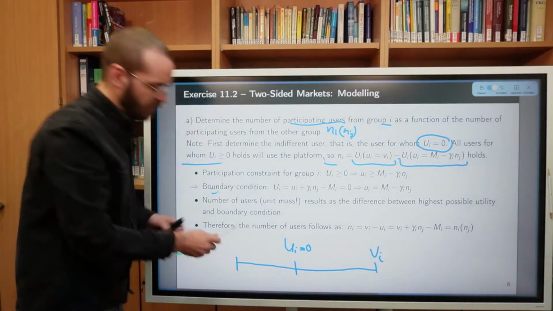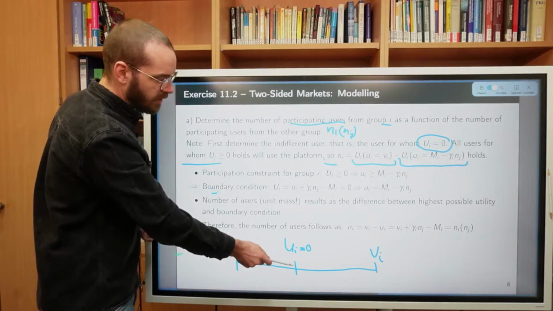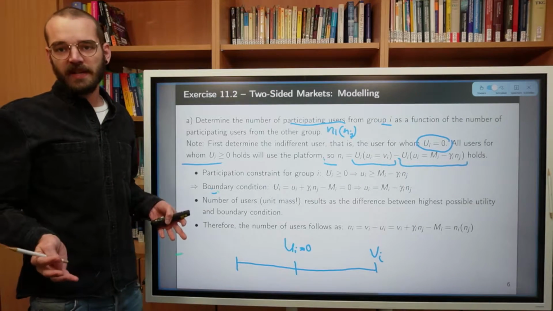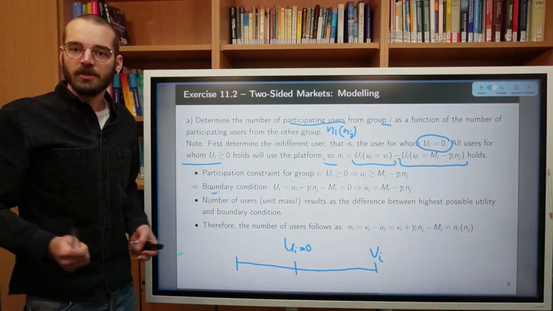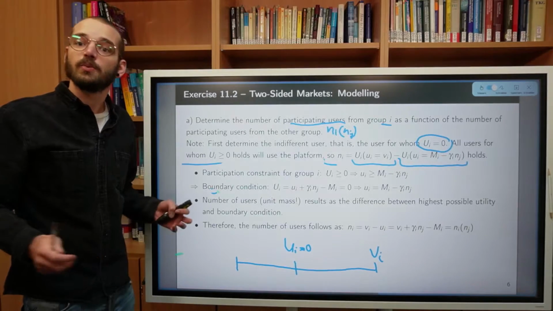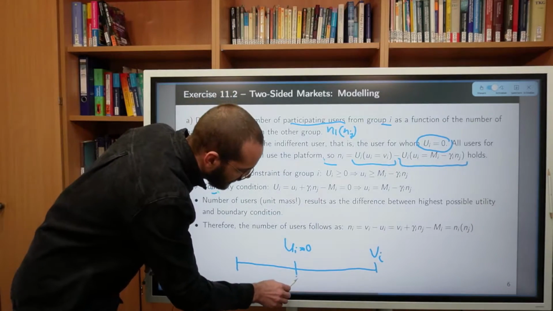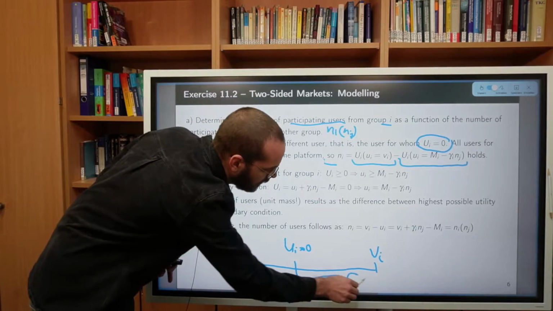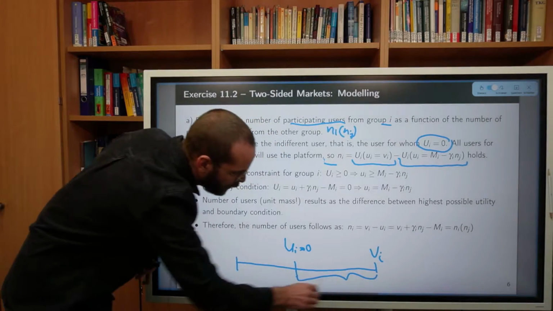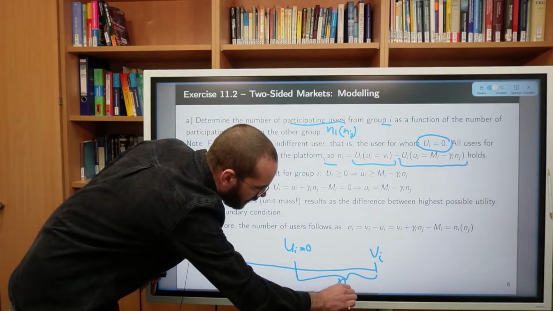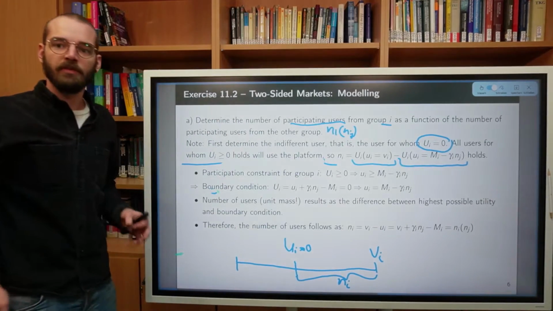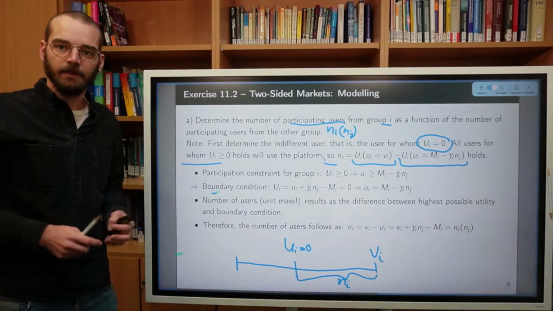And now, because this is the indifferent user who will just barely participate, simply by assumption we say, well, if they're indifferent they may as well. Somewhere between this user and this upper limit we find the number of users of this group Ni.